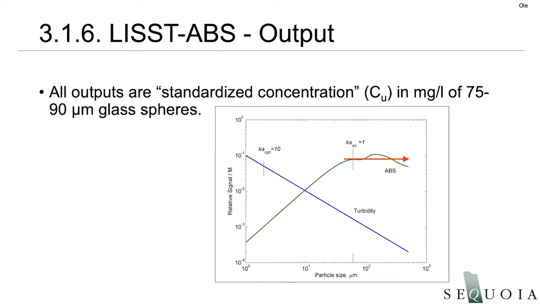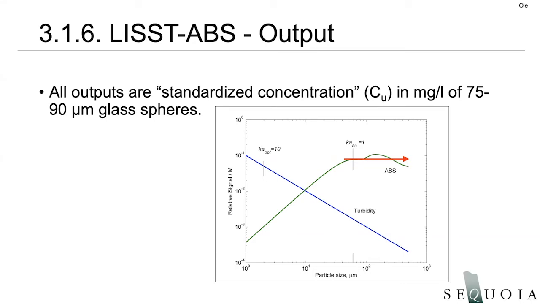But if you follow the red arrow on the figure, remember we are here in the transition regime, and you can see if the particle size changes from 75 to 90 to maybe 100, 150 micron, then the relative signal changes tenths of percent. So it's really not a whole lot compared to how much the turbidity signal would change. If you had calibrated a turbidity sensor using 75 to 90 micron particles, that would change sometimes hundreds of percent and multiple orders of magnitude.